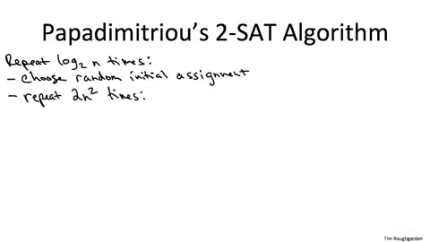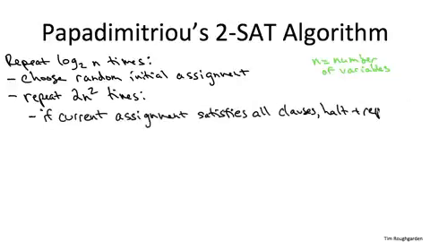So the magic number, which will be motivated when we analyze the algorithm, is 2n squared. That's how many variable flips we're going to make before we give up and return to the next independent trial in the outer for loop. Remember, n denotes the number of variables. In each iteration of the inner for loop, we first check just to see if the current assignment is in fact satisfying, if it satisfies all the clauses. If so, we're done. We halt and report that fact.